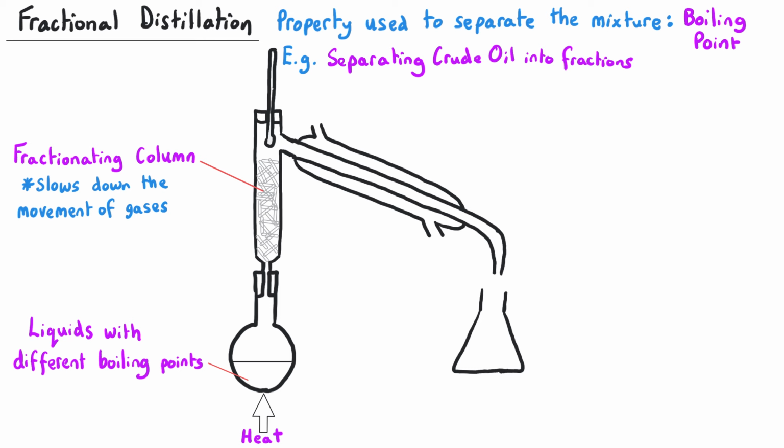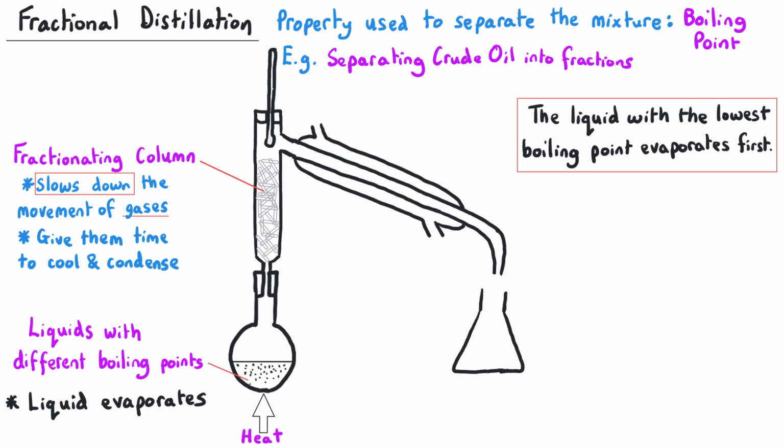The purpose of this fractionating column is to slow down the movement of the vapours that have been produced in this flask. So the liquids will have different boiling points. The liquid with the lowest boiling point will evaporate first and rise up from the flask into the fractionating column, and then it will move across into the condenser, turn into a liquid, and then drip into the collection flask over on the right.